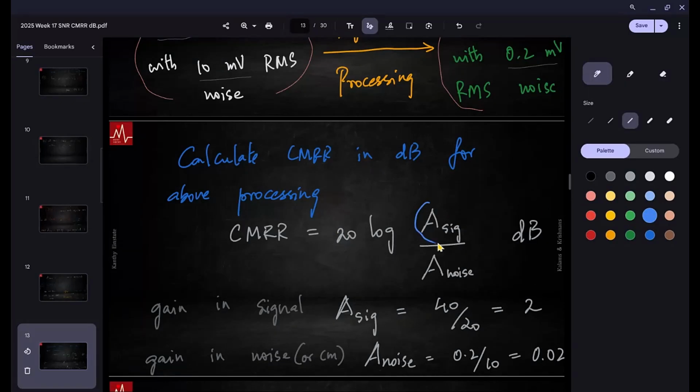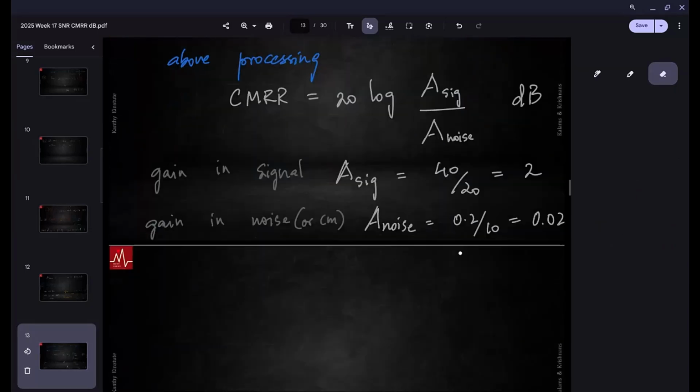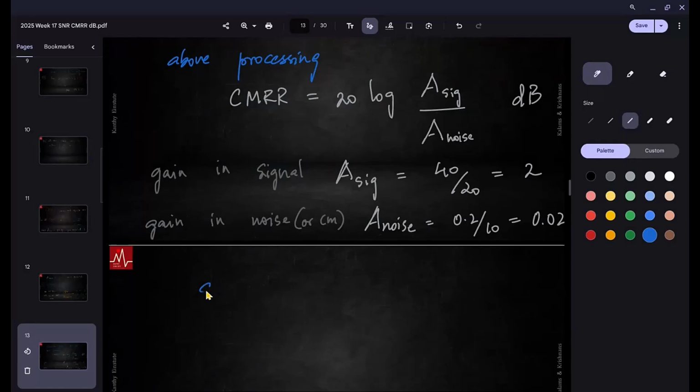It is proportional to how signal improves. It's inversely proportional to how noise improves, or noise amplitude decreases. Okay, but in fact you could just go ahead and calculate it. So CMRR equals 20 log of 2 divided by 0.02. Log answer is 2 into 20, that's 40.